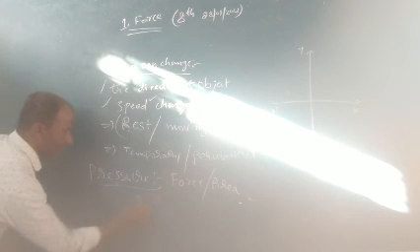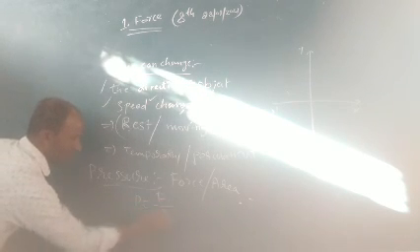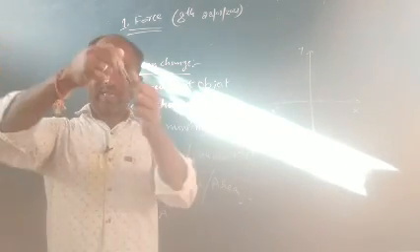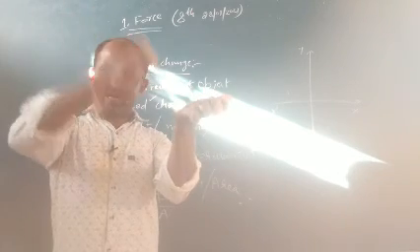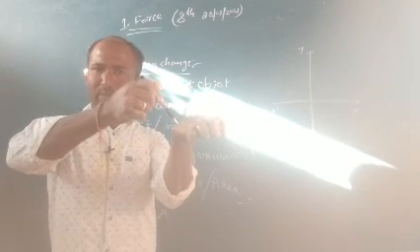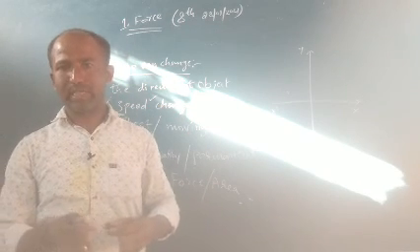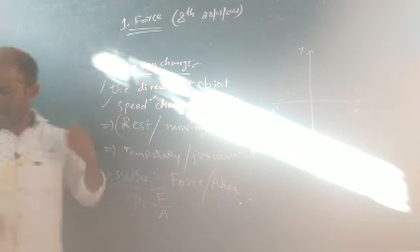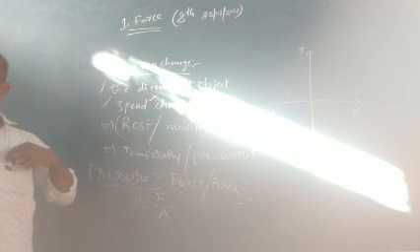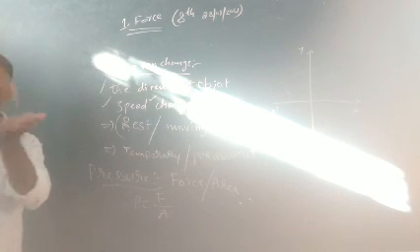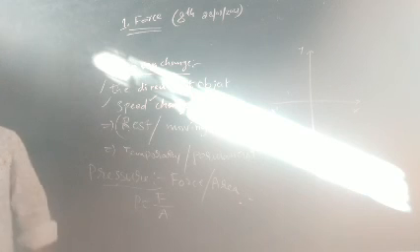Therefore P is equal to F by A. For example, if I pierce my hand with a pen nib, what will happen? It exerts more pressure, and after some time I may even get some blood. Like that, pressure is the force acting perpendicularly, at a 90 degree angle, on a unit surface area.